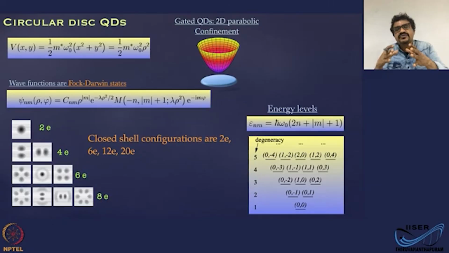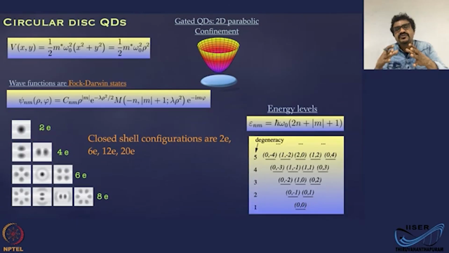Okay, so these are like the shell structure in a natural atom, where you have 1s2, 2s2, 2p6, 3s2, and so on. So you can consider this is like an s orbital, this is like a p orbital, and so on. Okay. So the first closed shell you can consider 2e, because this completely closes this energy level.